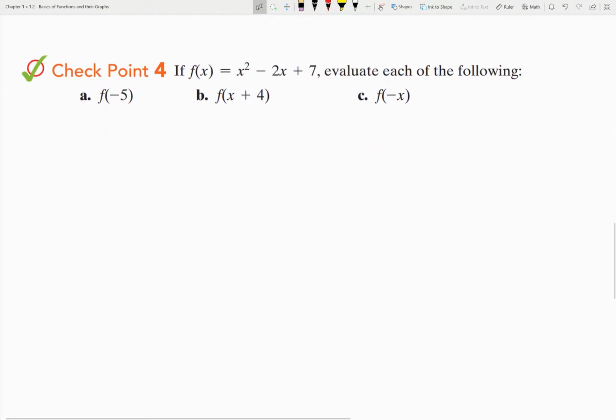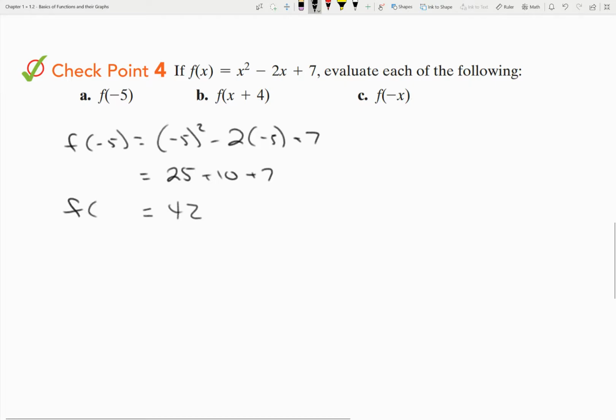All right, let's try again for our checkpoint. So f of negative 5 is going to be negative 5 squared minus 2 times negative 5, plus 7. Negative 5 squared is a positive 25 plus 10 plus 7, and that gives me 42. So f of negative 5 is 42.